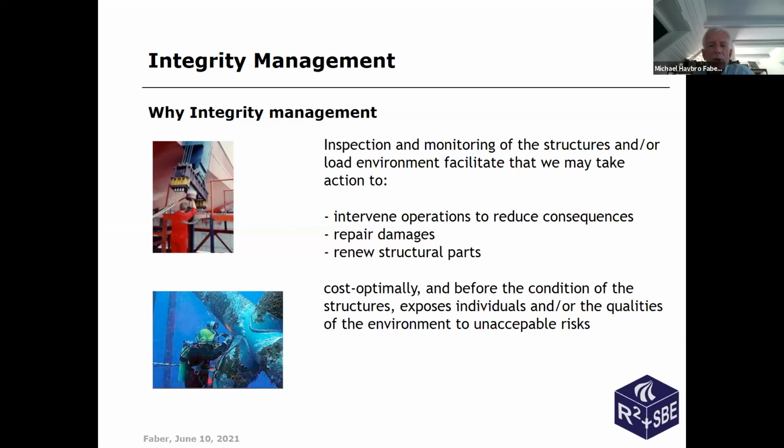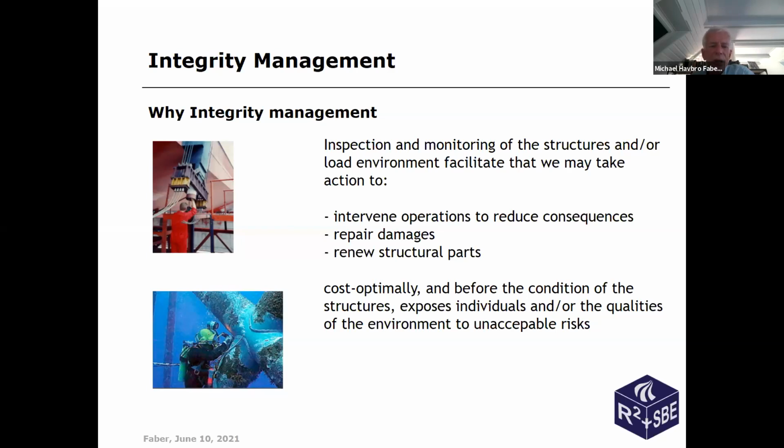So inspections and monitoring of the structures and the load environment, and also the use in principle of the structures in infrastructure systems, may facilitate that we can take timely action to intervene in operations and thereby reduce consequences if something is going wrong.